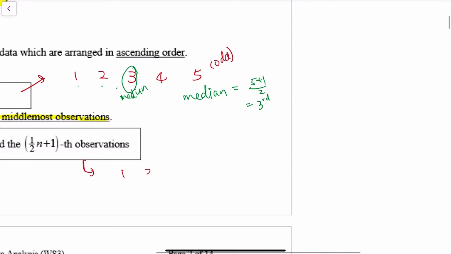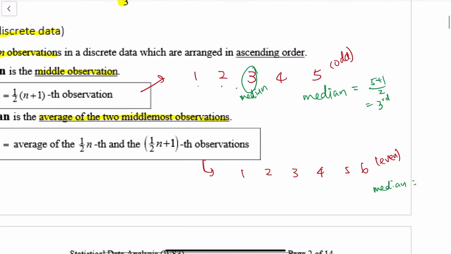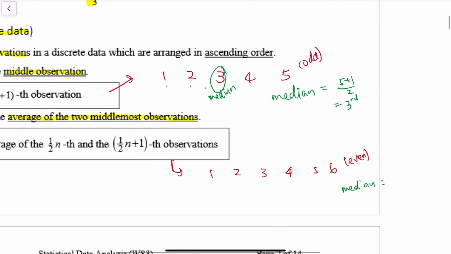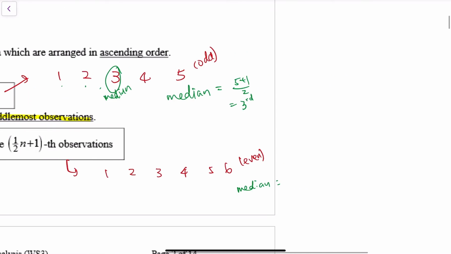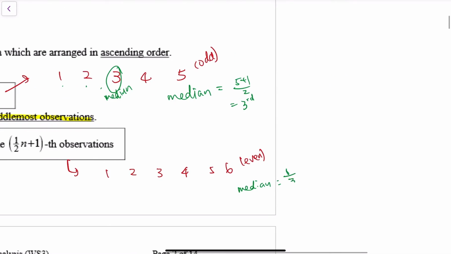As for this one, 1, 2, 3, 4, 5, 6. Let's say I have an even number of observations. The median for an even number of data has a slightly different calculation. I need to take the two middle numbers, add them together, and divide by 2. So I need to take the average of the two.